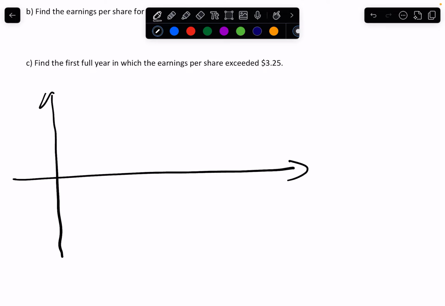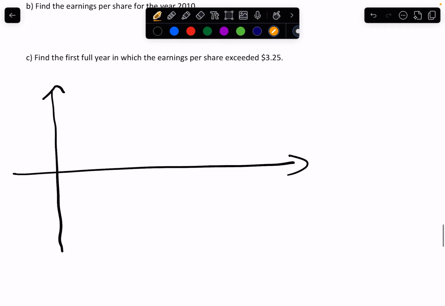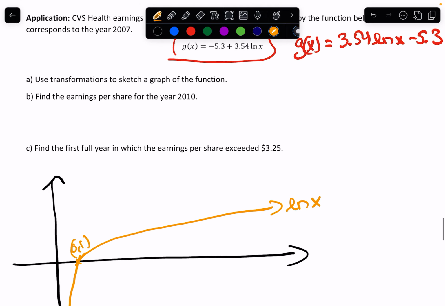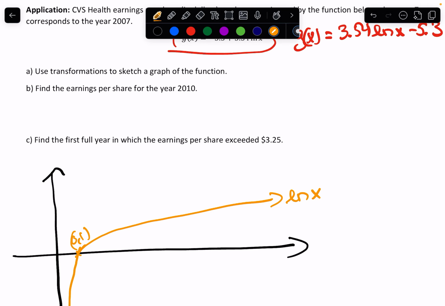So our natural log function crosses the point (1, 0) here, and it goes like this.